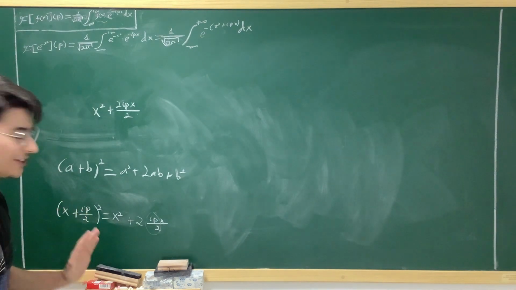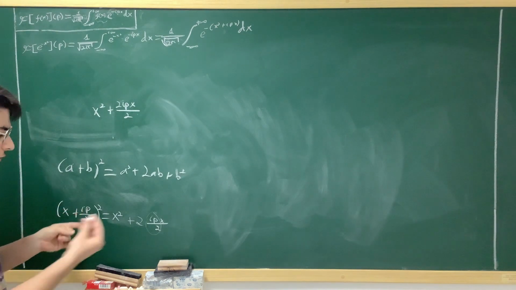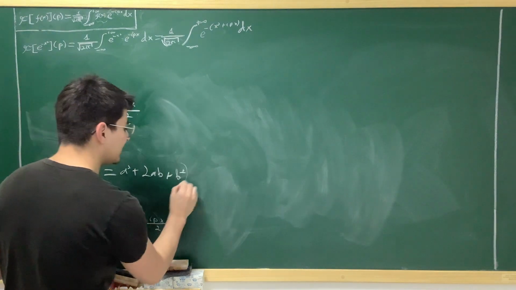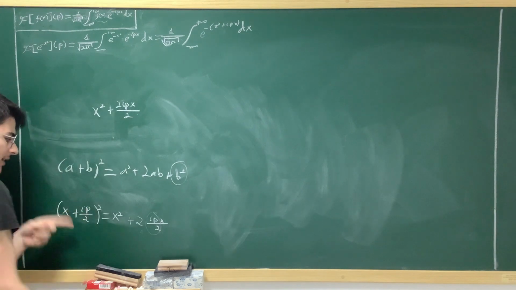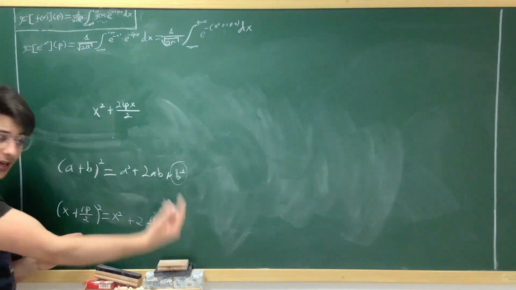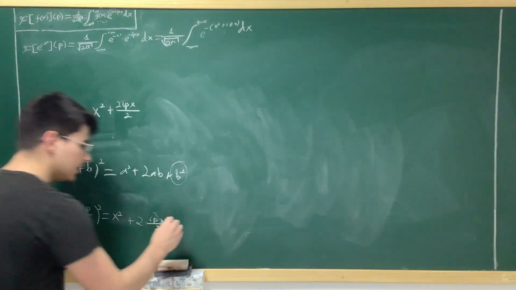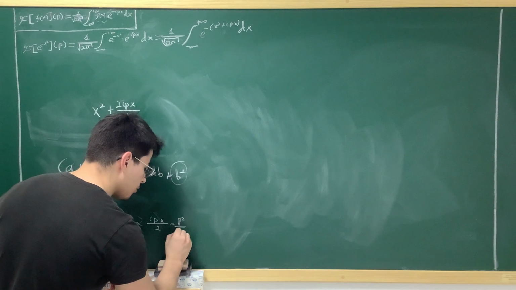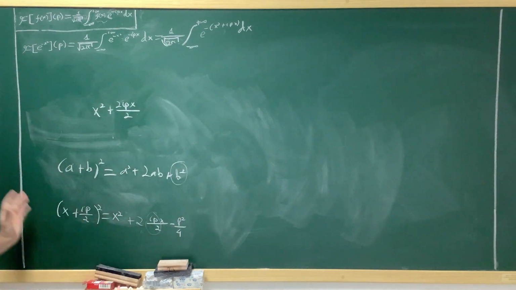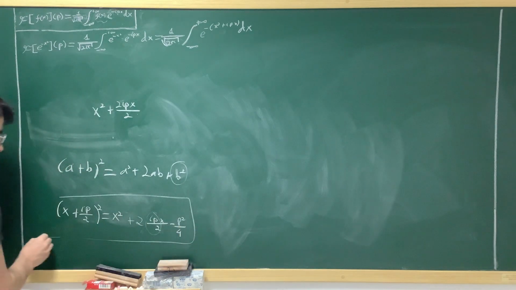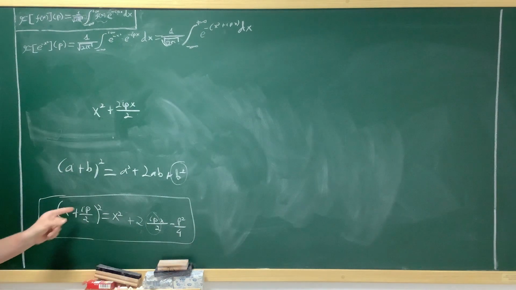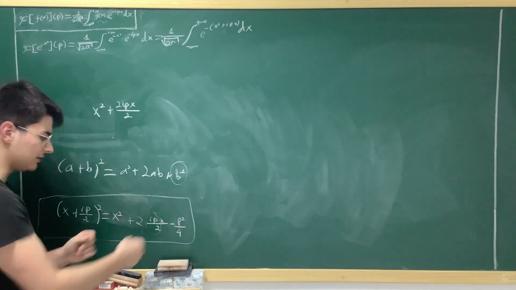Okay, so far so good. Now, of course, this is not equal to the original because we still need to add this term. So let's add it. i squared is minus 1, so we get minus p squared over 4. And that is a correct expression. Okay, x plus ip over 2, squared, gives us this expression right here.